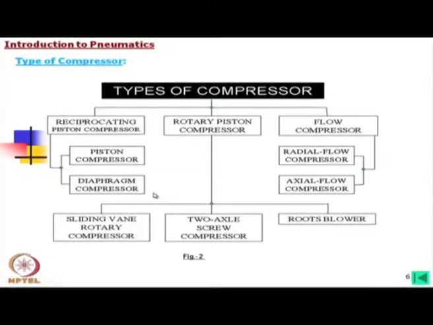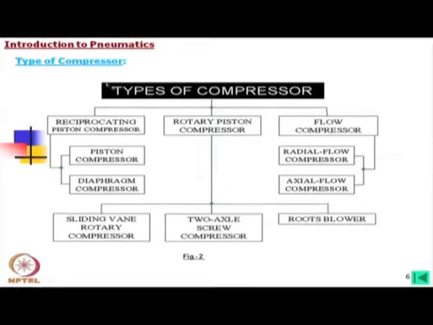Diaphragm compressor means a diaphragm is moved by some means, and that also compresses the air. And then the rotary piston compressor, and the sliding vane rotary compressor. You see, one is the rotary piston and another is called the rotating piston.